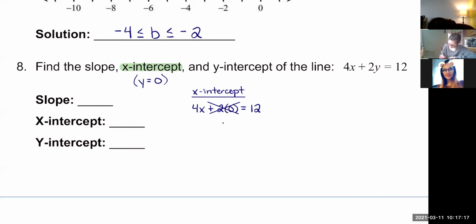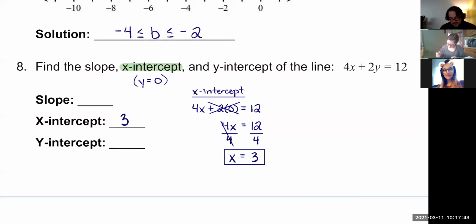So what we're really left with solving for is 4x equals 12. And how would I solve that? Divide by the 4. Divide both sides by the 4. And we get x equals 3. So very quickly, we find the x-intercept of 3.